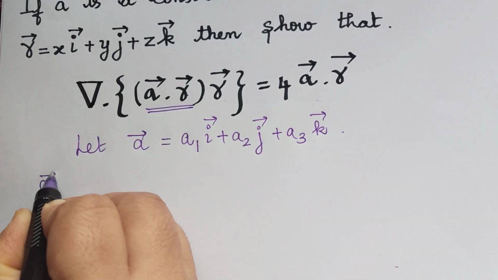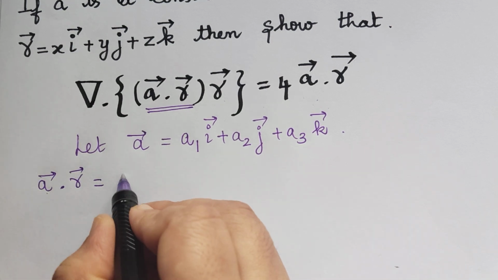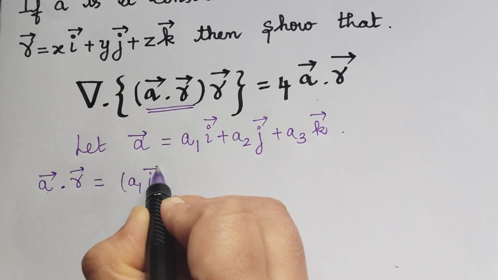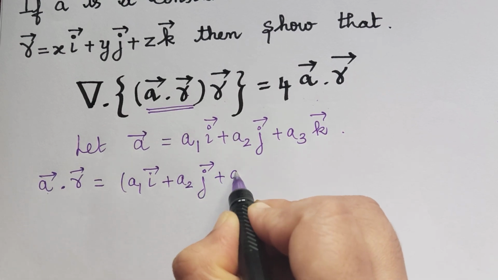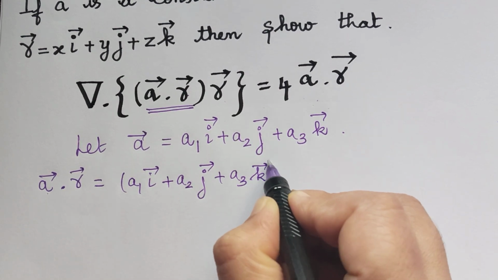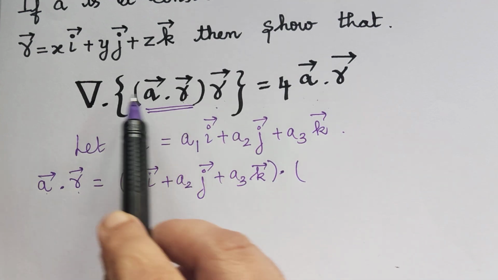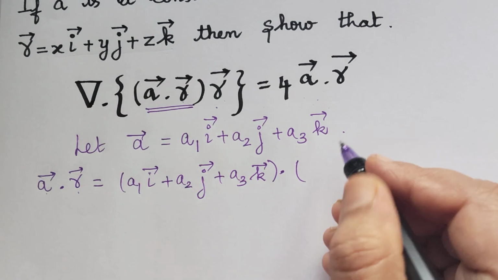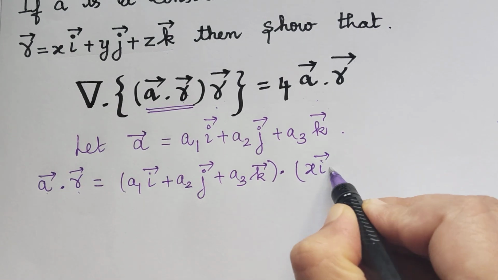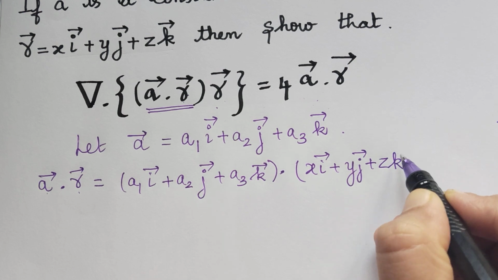So A vector dot product with R vector will be equal to A1 i vector plus A2 j vector plus A3 k vector dot product with R vector, which is given as xi vector plus yj vector plus zk vector.